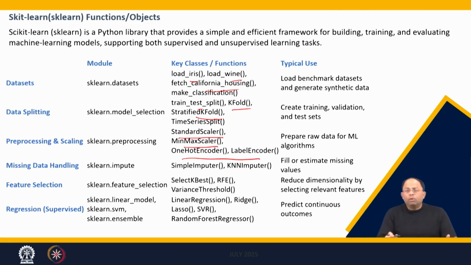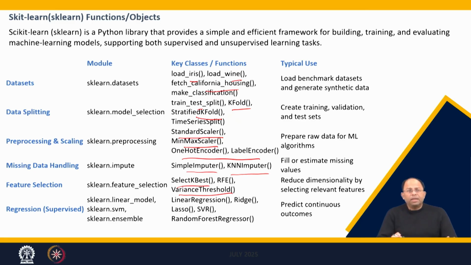Then we can encode the variables. For categorical variables, we can use a one-hot encoder or label encoder to convert them into dummy variables. Then we can impute data, that is, missing data could be replaced by simple imputer or KNN imputer. Then we can select different features using various thresholds like the variance threshold, or select k-best, RFE, and so on.